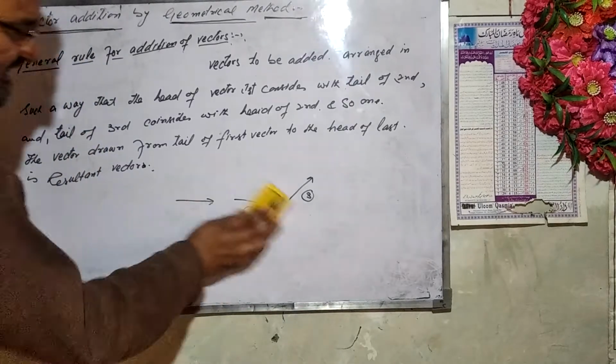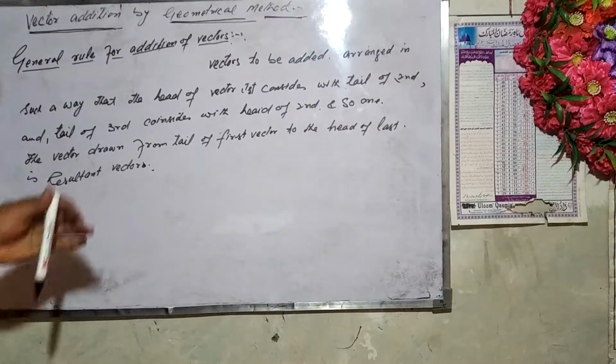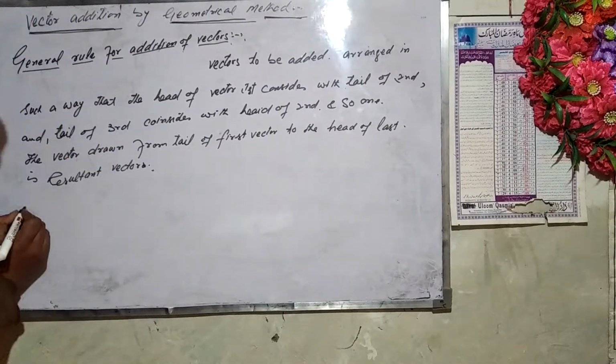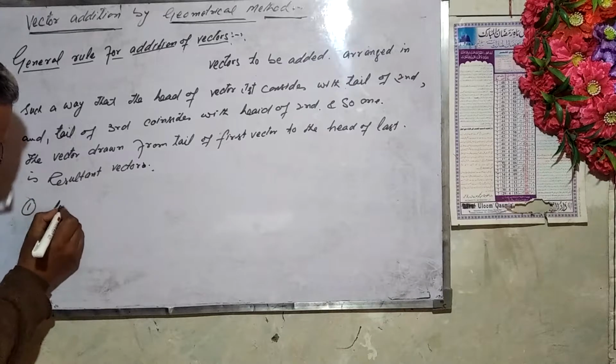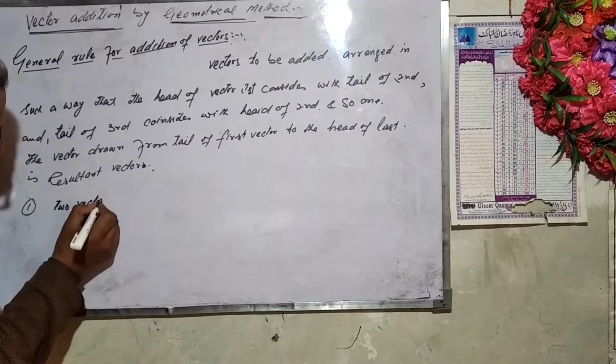अब ज्योमेट्री में हम कैसे करते हैं, हमने लिखा है इसको, हम कैसे वेरीफाई करते हैं? सपोज अब डिफरेंट इंस्टेंसेस हैं, नंबर 1 2 वेक्टर्स इन सेम डायरेक्शन.